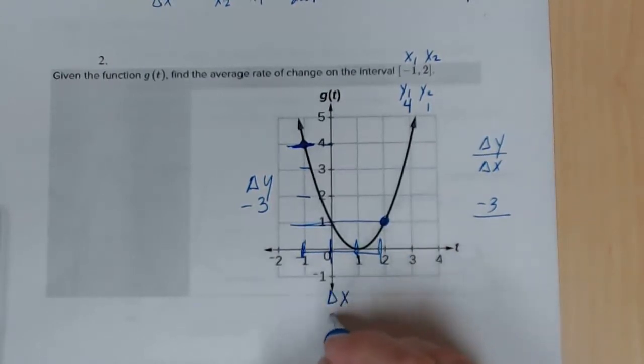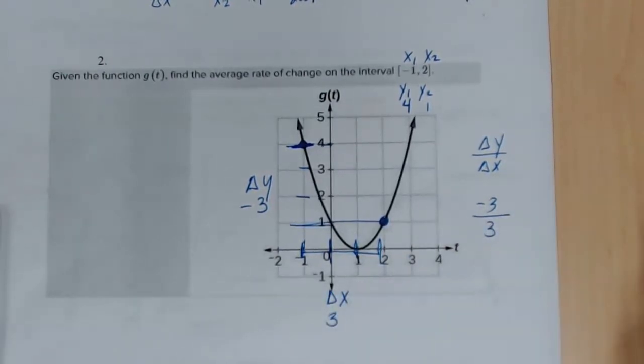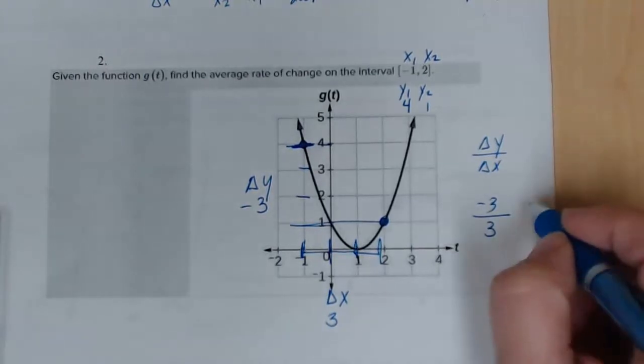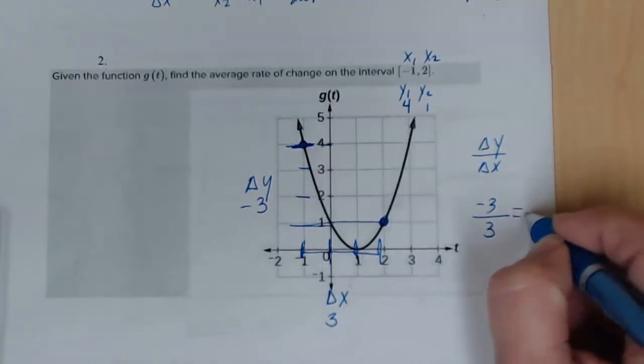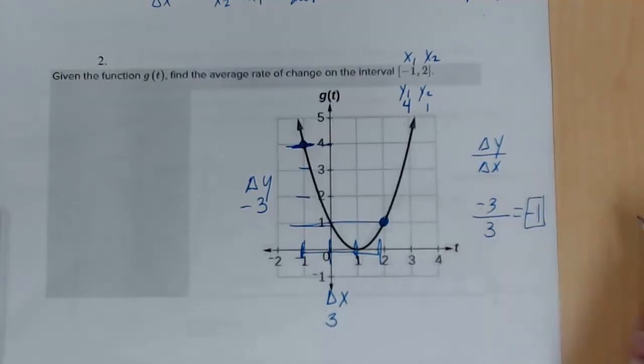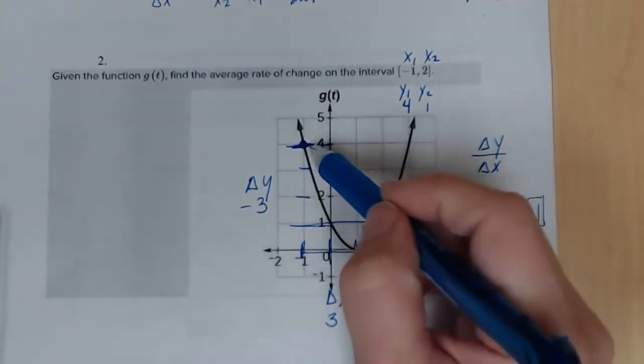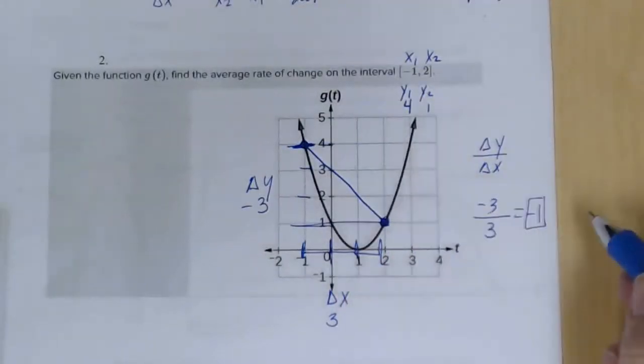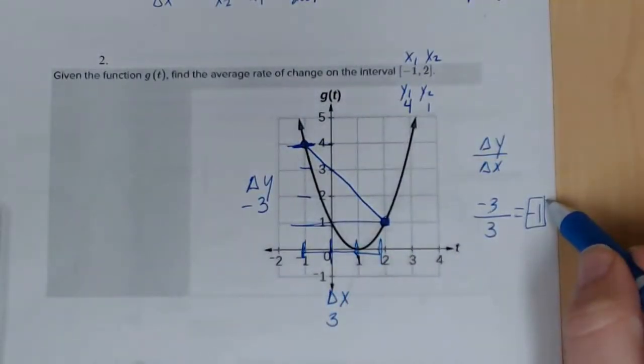So my change in x would be +3. Therefore, -3 over 3 gives me -1, meaning the average rate of change to get from -1 to +2 would be a slope of -1.